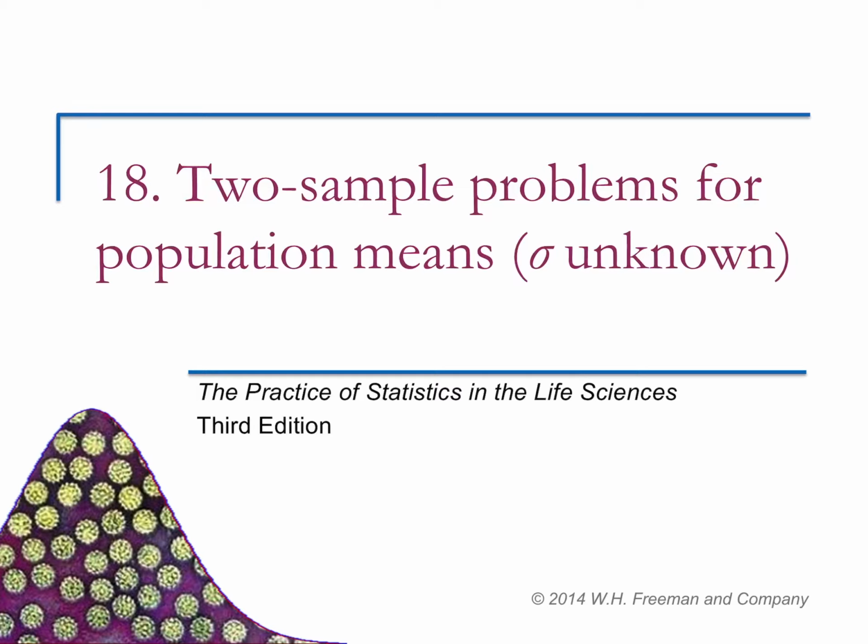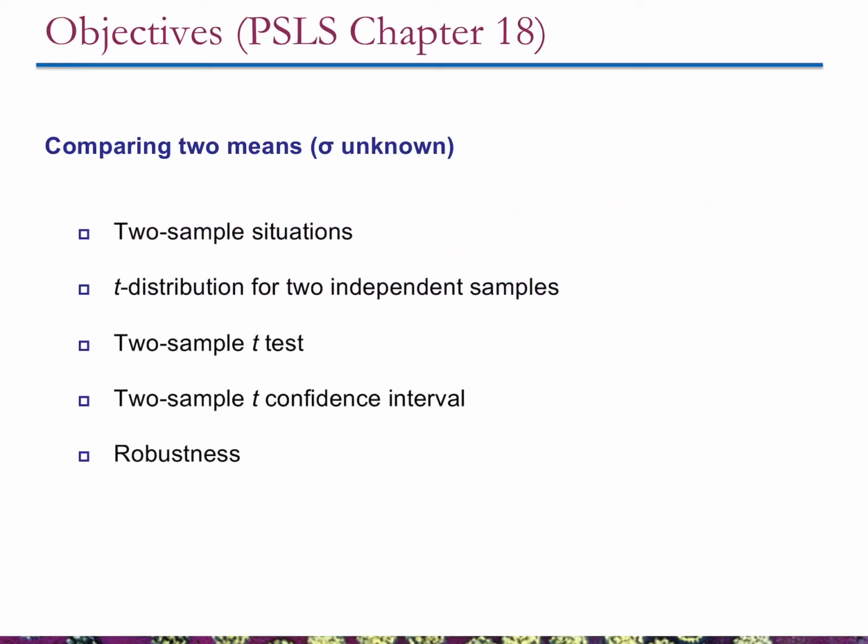In this chapter, Chapter 18, we're going to be dealing with situations where we're comparing two separate means, two independent sample means. It's a little bit different situation than Chapter 17. So we're dealing with two-sample situations, and one of the key points here is that we have samples that are completely independent of one another.